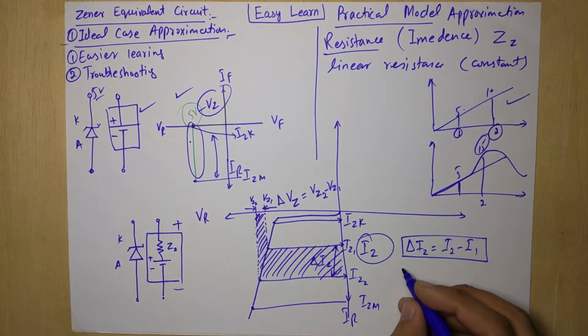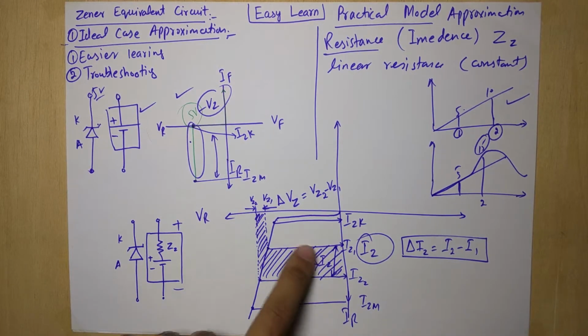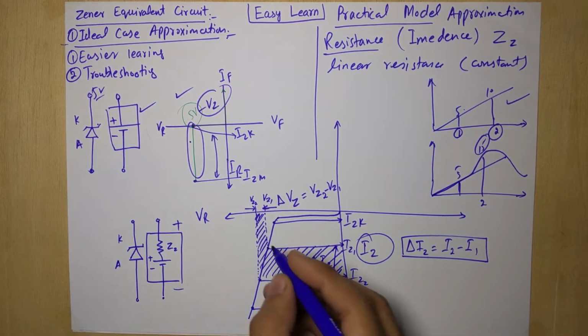So what is the formula for this, its impedance, the change in the resistance? This is because of this graph.